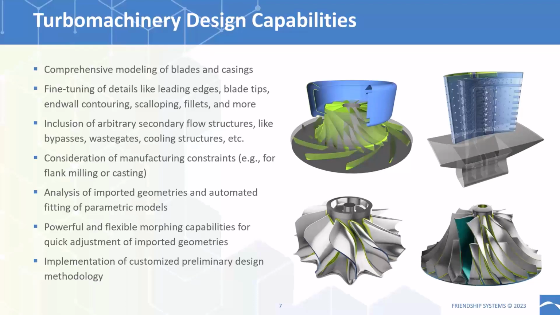We have a set of morphing functionality and tools that allow you to do quick adjustments and also optimization of imported geometries. CAESES is not a preliminary design tool, so it doesn't come with inbuilt preliminary design capabilities, but we have a full programming and scripting environment within CAESES, so that you can implement your own customized preliminary design methods within the system and within the modeling process.